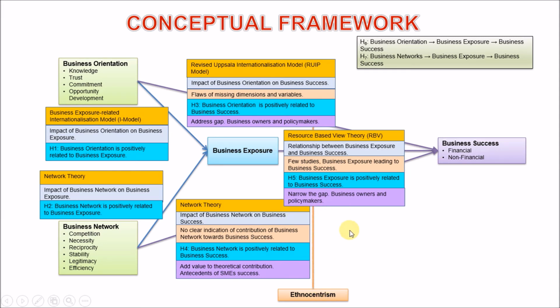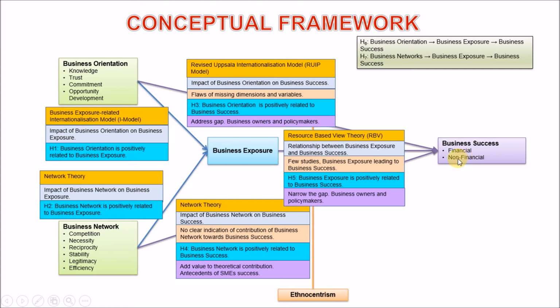Let's take a look at this. Okay, it will be clear after this. So this one basically is indicating here the relationship of business orientation and business success. So this arrow, so it is hitting on this arrow basically. So it is moderating the relationship between business orientation and business success.